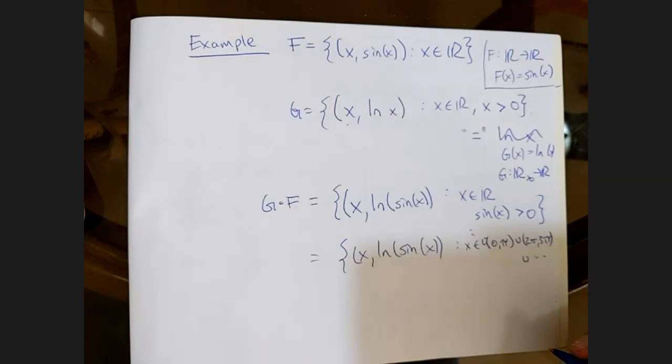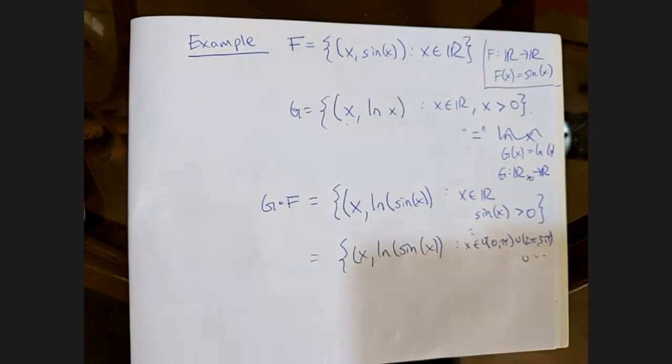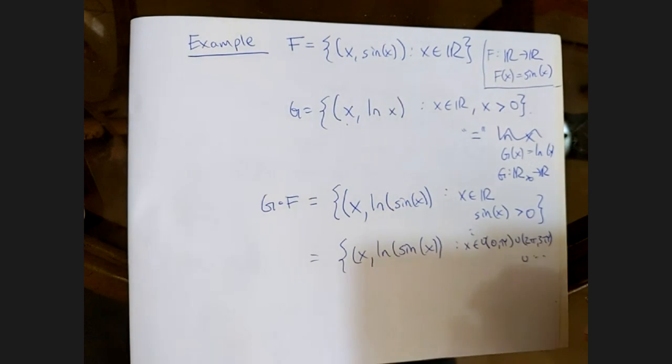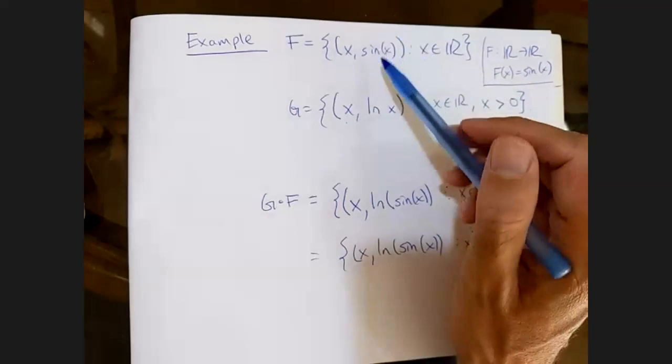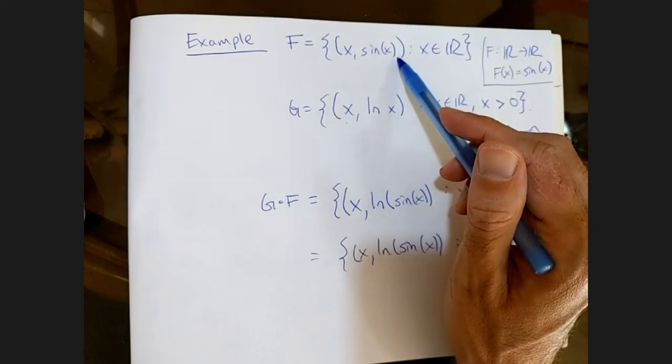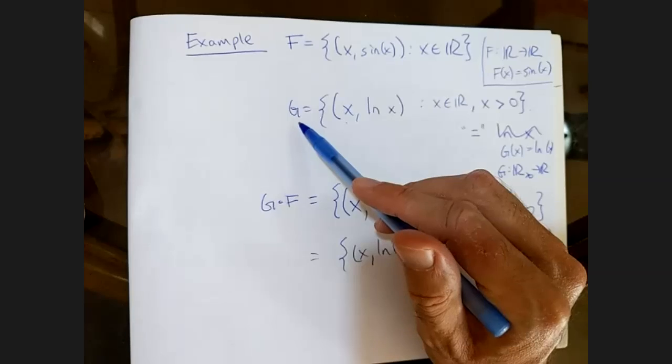Okay, so this example should just show you that it's fine that g of f is always a function, but the domain might be weird. So normally when you define composition, you might have to say something like provided the range of f is contained in the domain of g.